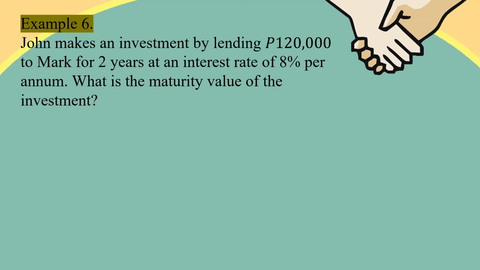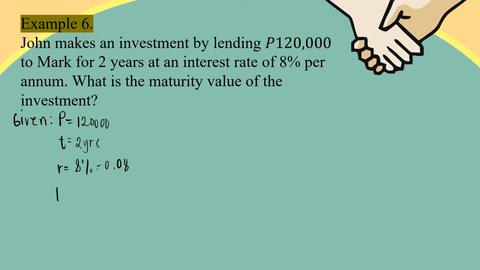Okay, so what are the given? So, sulat natin yung mga given. Okay, so yung principal amount natin is 120,000. Then, yung time is 2 years. Then, yung interest rate ay 8% or 0.08.